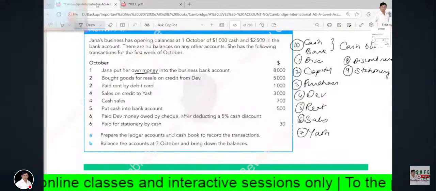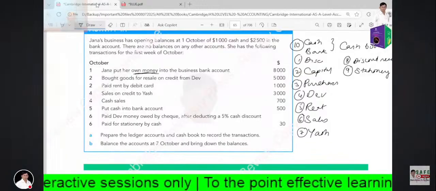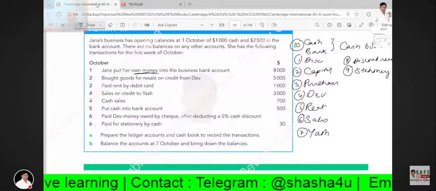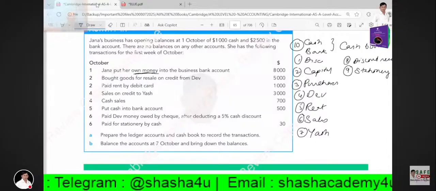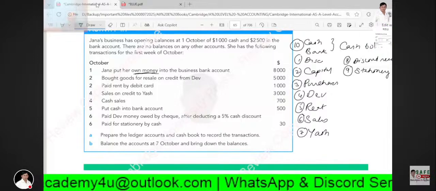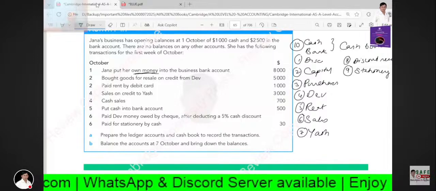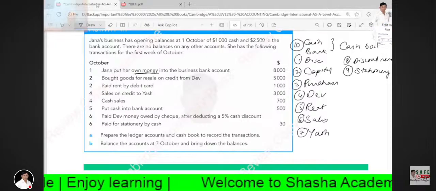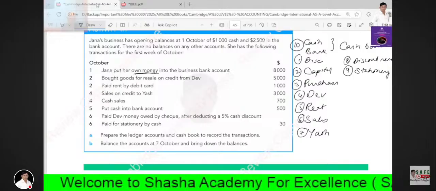Next, paid rent by debit card. Debit card is linked to the bank account, so that's why money will go from bank. So we consider it as bank payments. Rent 1,000, debit card, bank.